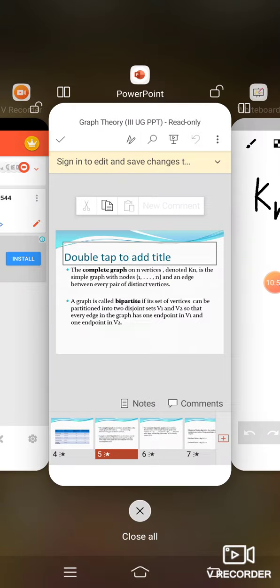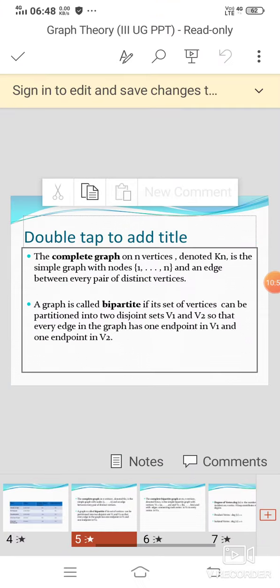Now, let us see the next definition. What is a bipartite graph? A graph is called bipartite if its set of vertices can be partitioned into two disjoint sets V1 and V2 such that every edge in the graph has one point in V1 and the other point in V2.